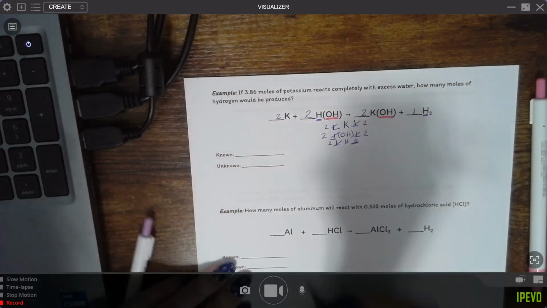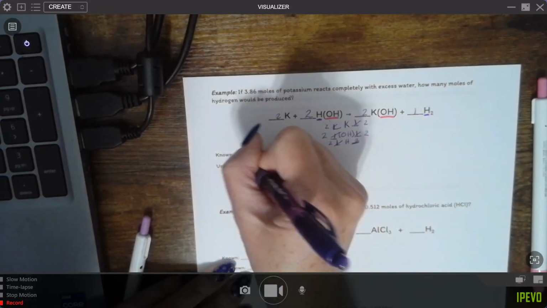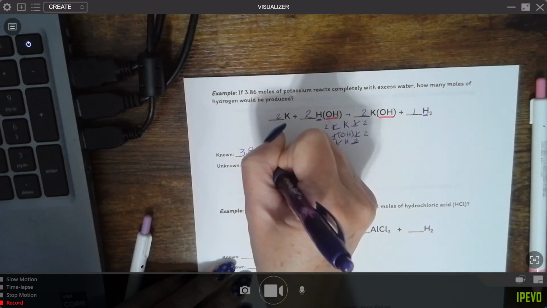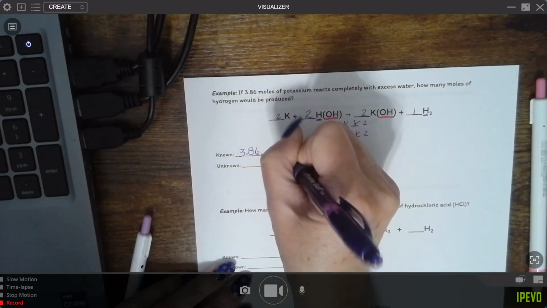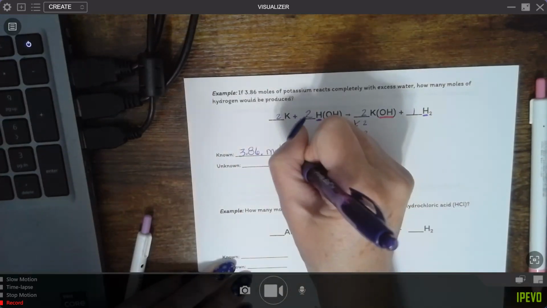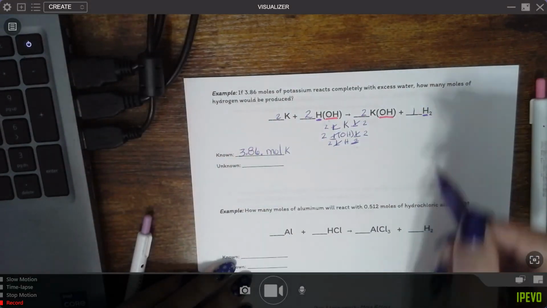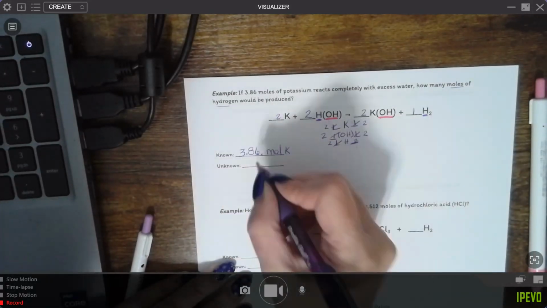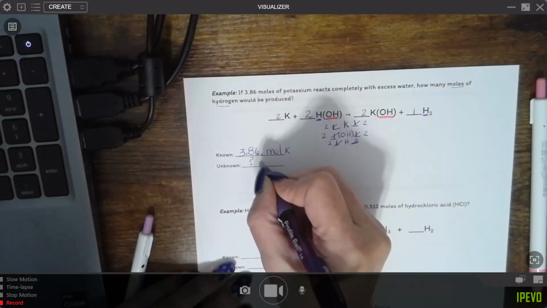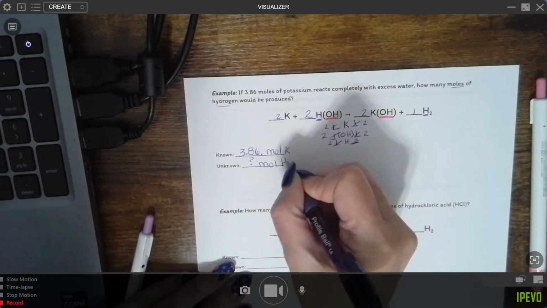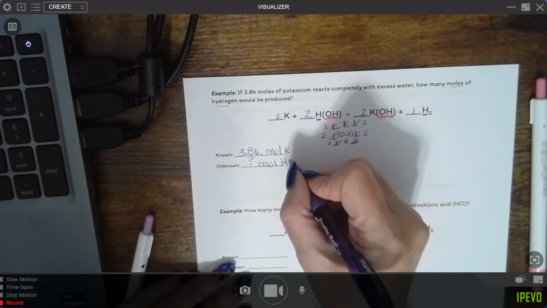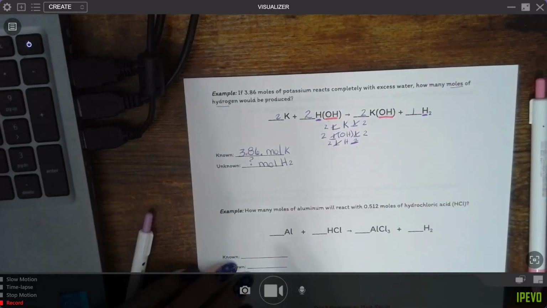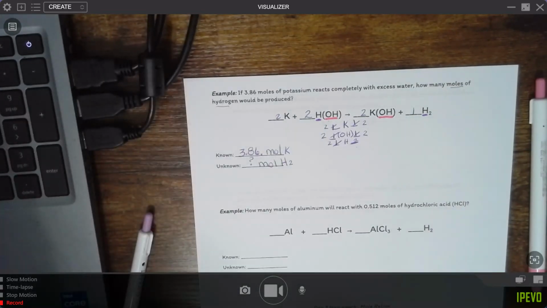Our known is 3.86 moles of potassium. Our unknown is how many moles of hydrogen? So we want to know moles of hydrogen, and that's H2.